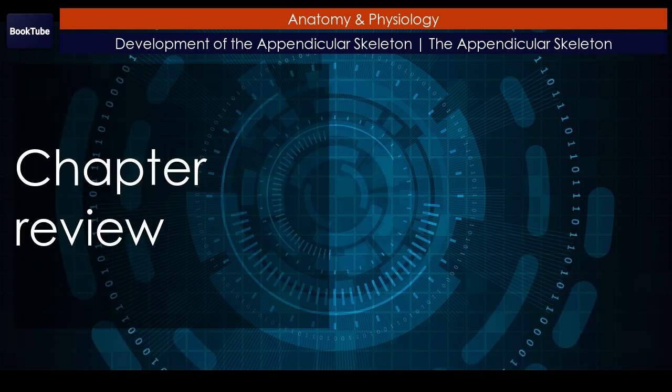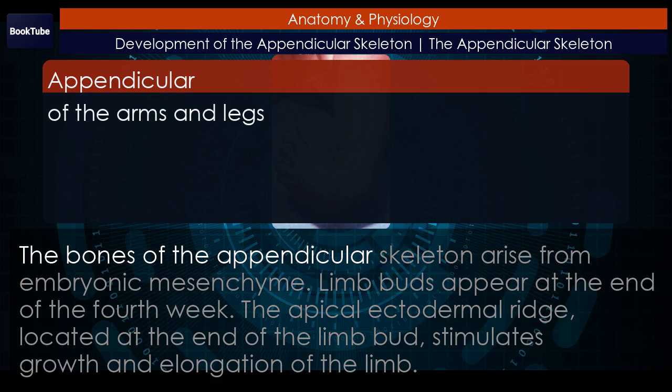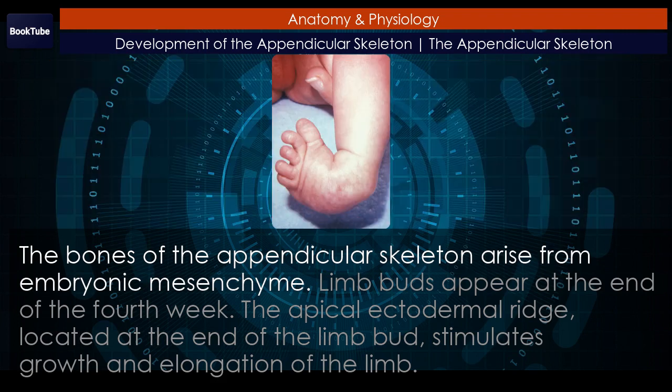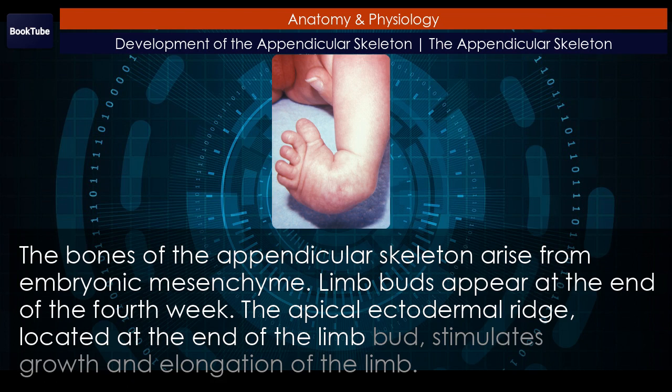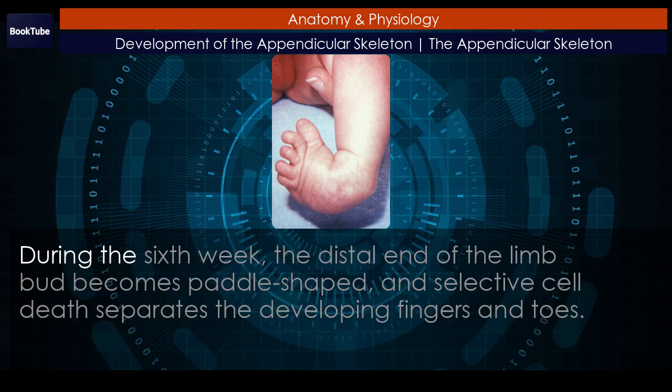Chapter Review. The bones of the appendicular skeleton arise from embryonic mesenchyme. Limb buds appear at the end of the 4th week. The apical ectodermal ridge, located at the end of the limb bud, stimulates growth and elongation of the limb. During the 6th week, the distal end of the limb bud becomes paddle-shaped, and selective cell death separates the developing fingers and toes.